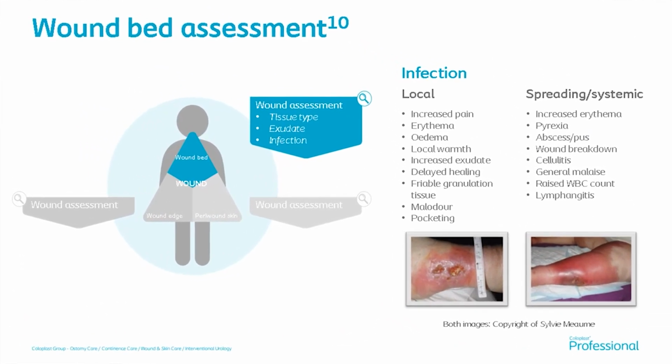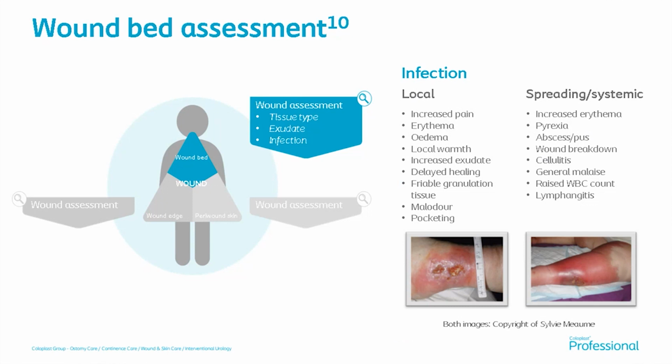We then look to see whether there's any infection present within the wound bed, and some of the local signs of infection would be increased pain, erythema, some edema possibly, malodor or pocketing in the wound.